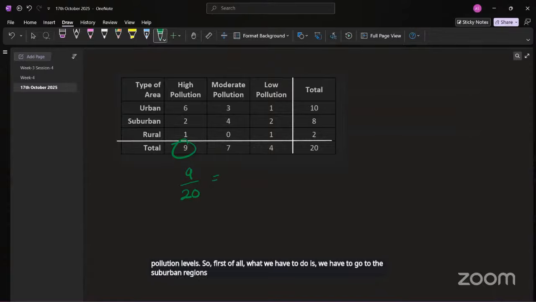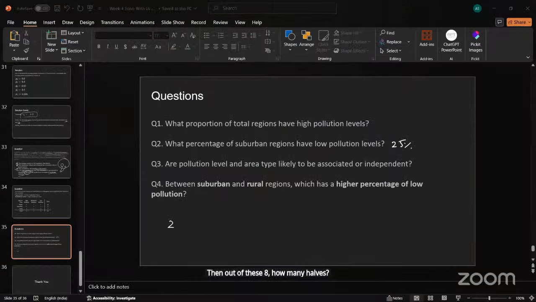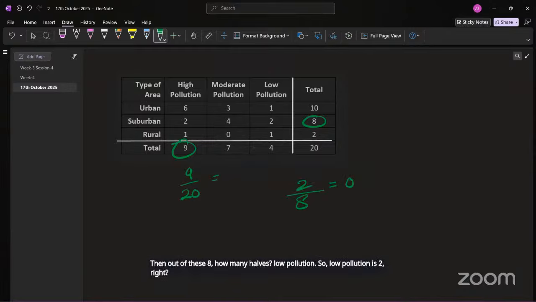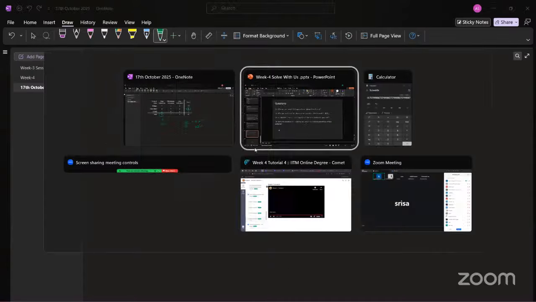How many data came from the suburban region? 8, right? Then out of these 8, how many have low pollution? Low pollution is 2, right? That is 0.25 or 25%. So I think everyone was correct.